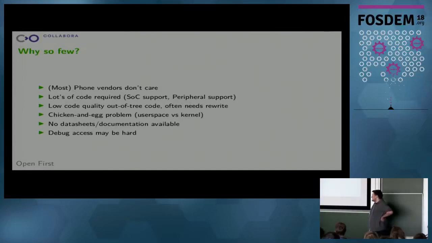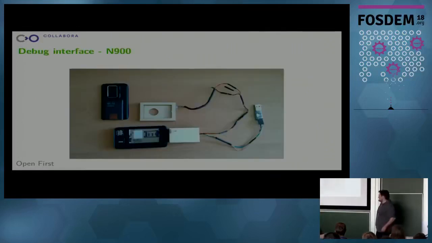Also, usually it's quite hard to get data sheets, and you need some kind of serial access, because if something fails in the kernel, you want to see what failed and not just get a black screen. For the N900, this was quite hard to do because the debug access was below the battery. Here there are some pads, so I had to build some adapter to get access to it, which took quite some time.